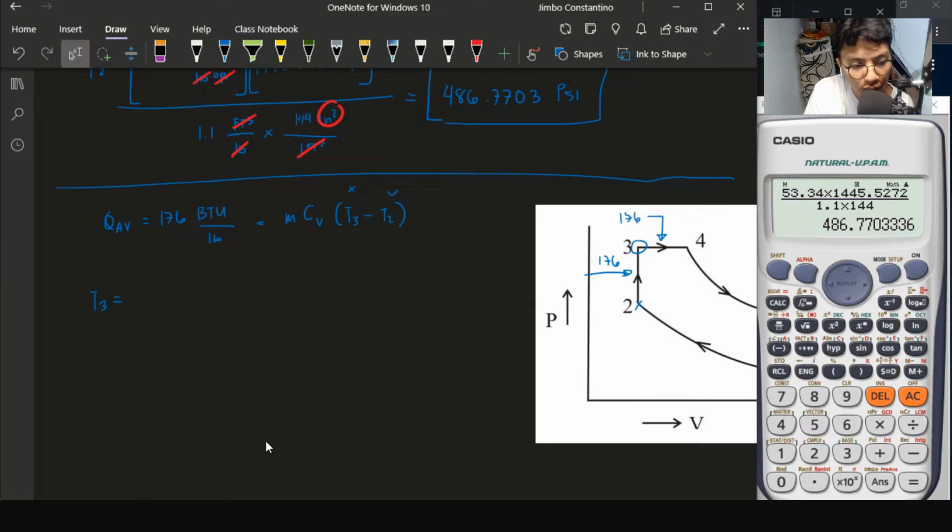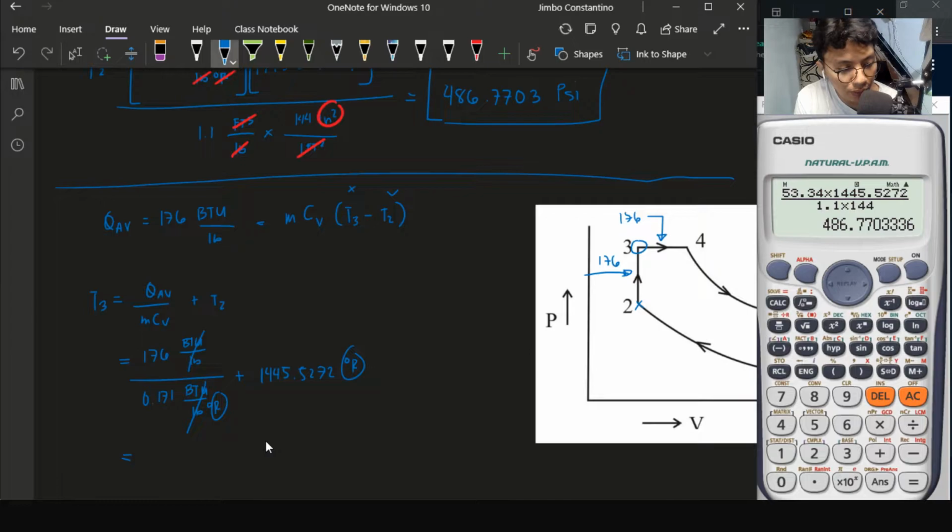T3 is equal to QAV over MCV plus T2. This is equal to QAV is 176 BTU per pound. Yung CV is 0.171 BTU per pound degree Rankine. Tapos yung T2 plus 1445.5272 degrees Rankine. Okay, cancel yung BTU per pound, ang tira Rankine.